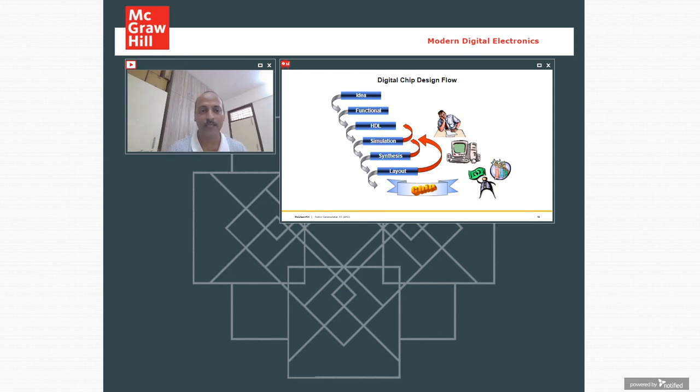So if you want to do such kind of integration, what are the ways? We need to look at the digital design flow. We have seen there will be some idea, basic specifications. I want to implement so and so. Somehow you have got some idea. Now you need to look at its functionality.